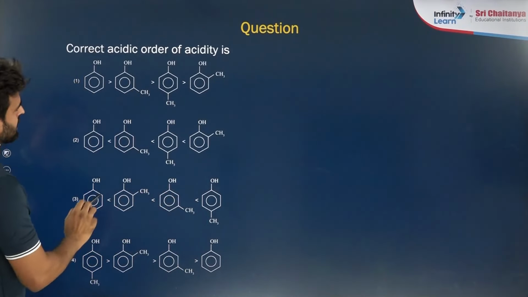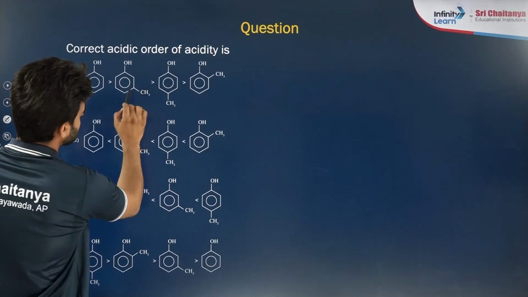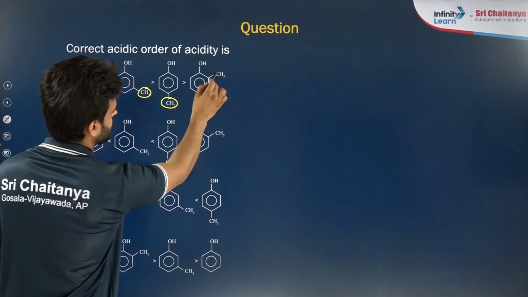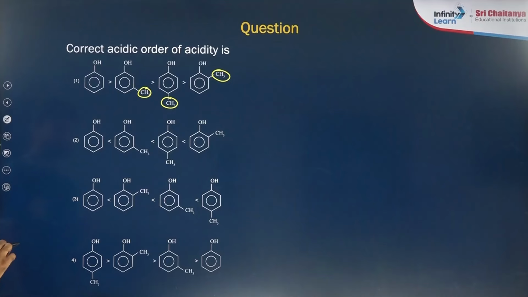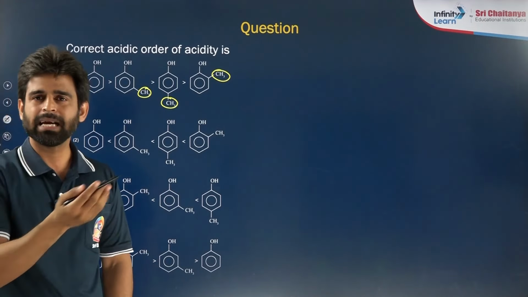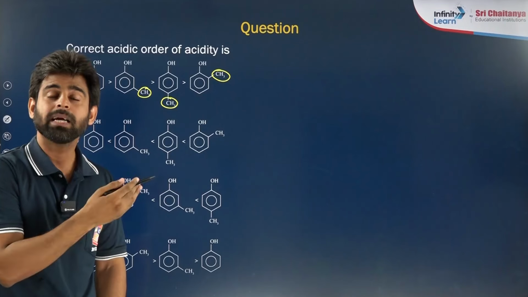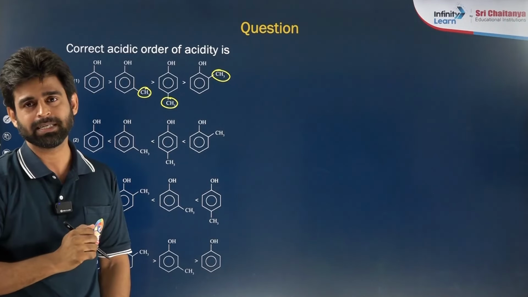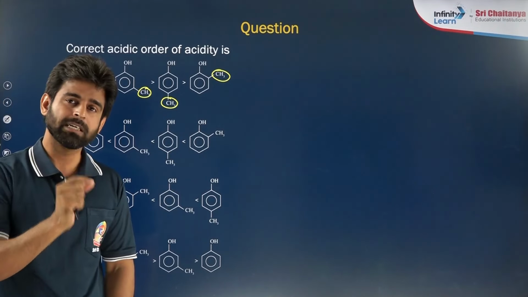As in this question, we can see methyl is the group they have given. So from the given options, methyl will always give electrons by plus I effect or by hyperconjugation as well, right? One more point we have to be careful about.